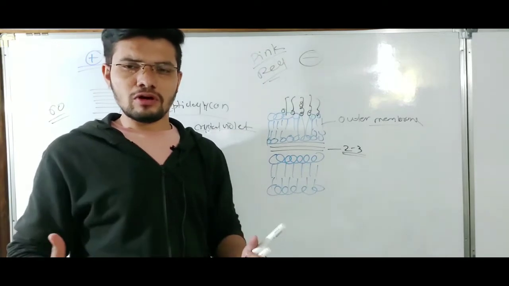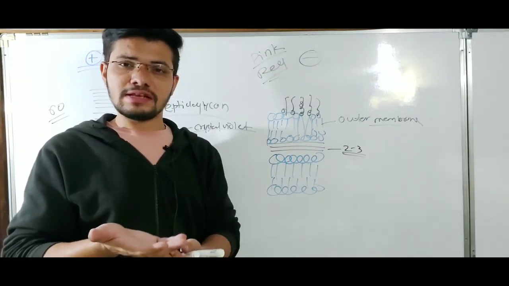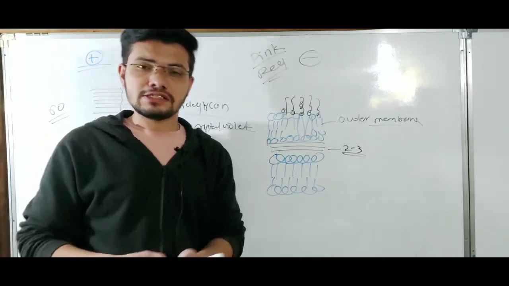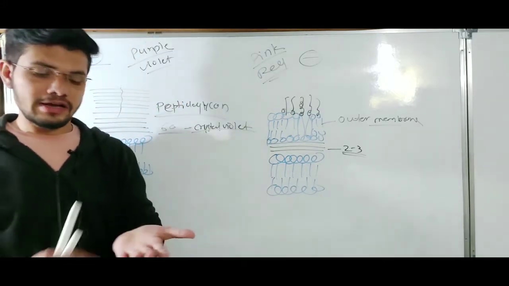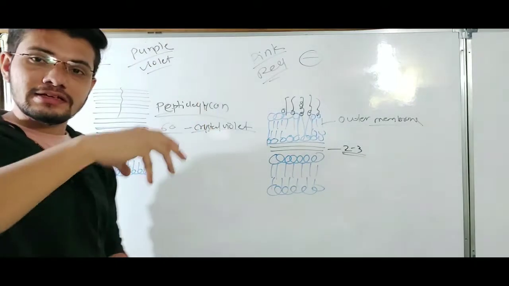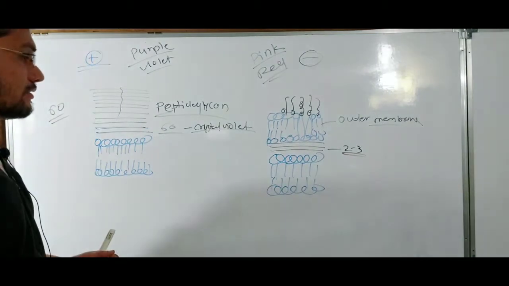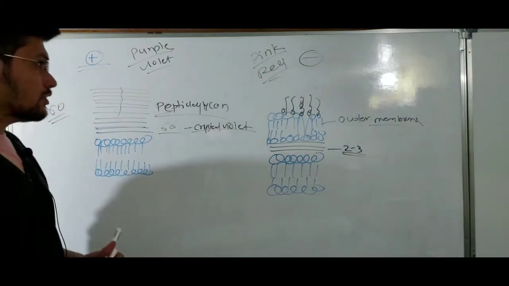Suppose we have a mixture of bacteria on the slide, and we fix the slide, we have taken the smear of the bacteria, and we will add this crystal violet on that bacterial mixture in the first step.